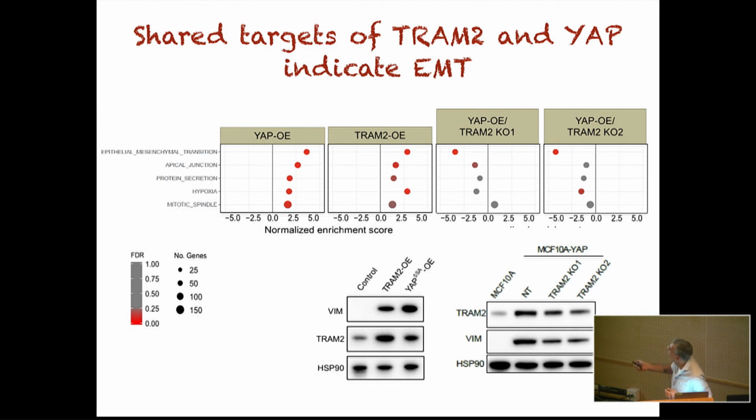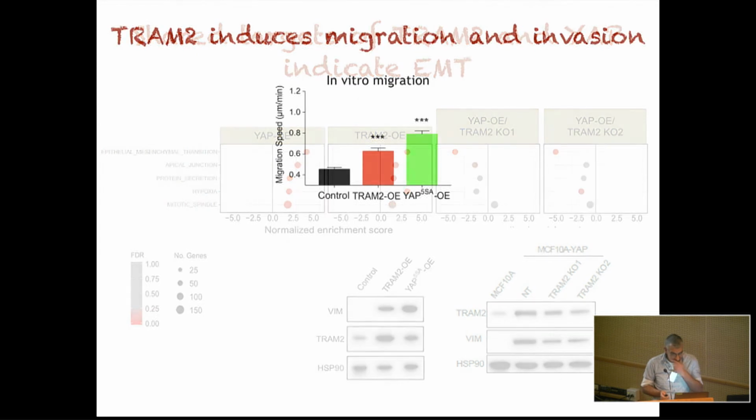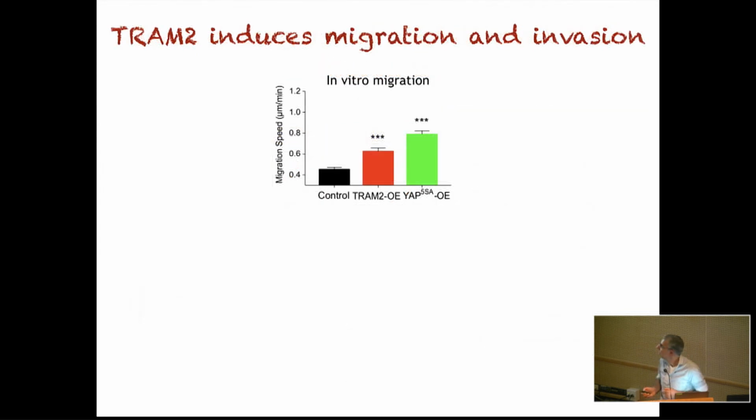And also when we knock out TREM2, we can see that the vimentin goes down in these TREM2 knockout cells. So this suggests that TREM2, like YAP, has influences on the mesenchymal state and the way that cells migrate and invade.